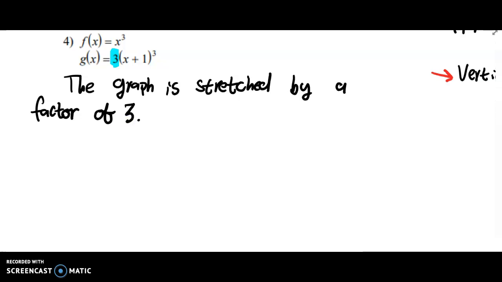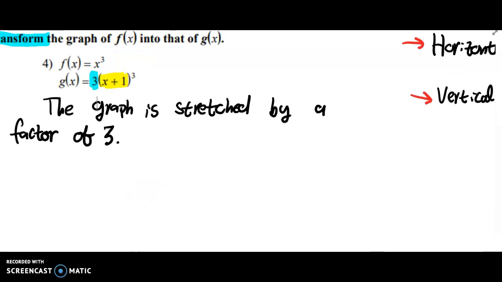Okay, now we do have something going on with the x. Remember, always going to set this part equal to 0. We see that x is negative 1. This means we have shifted 1 to the left.